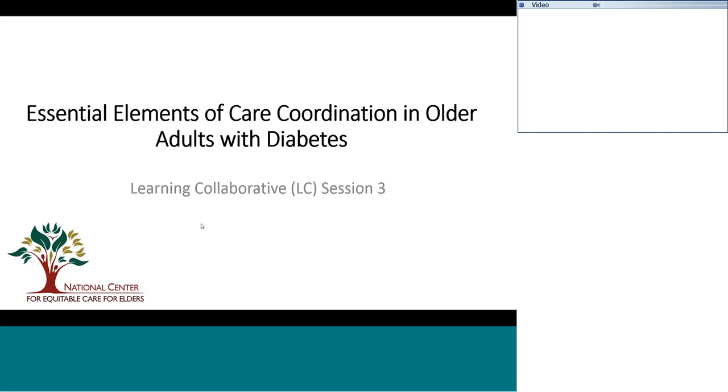Patient-centered care and care coordination of patients with complex conditions has had a lot of increased attention from different organizations, particularly around quality. So some of the national quality organizations, such as the Agency for Healthcare Research and Quality, or AHRQ, and the National Quality Forum.